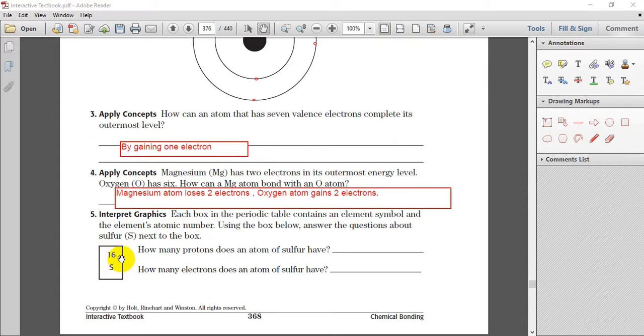The atomic number, as we know, is the number of protons. So how many protons do we have here? We have 16 protons. How many electrons does an atom of sulfur have? As we know, the protons and electrons are equal, so sulfur will also have 16 electrons. Okay, so this was everything for today.